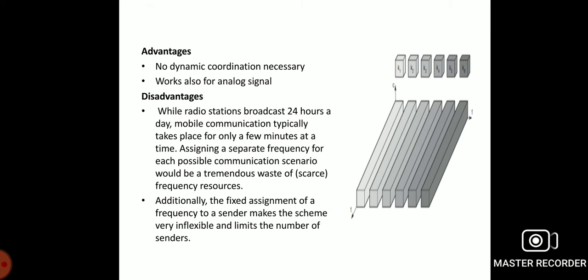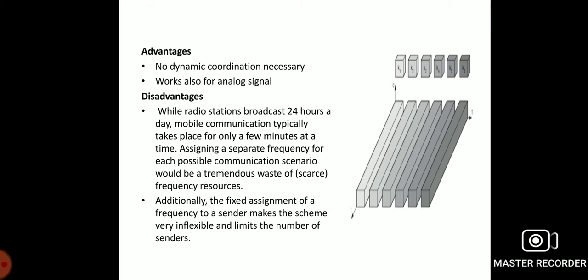This scheme is used for radio stations in the same region, where each radio station has its own frequency. This is a very simple multiplexing scheme and does not need complex coordination between the sender and the receiver.